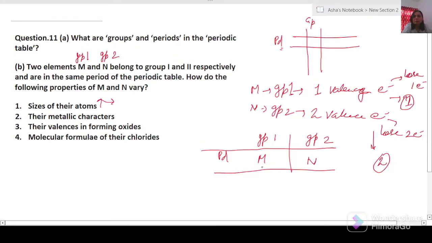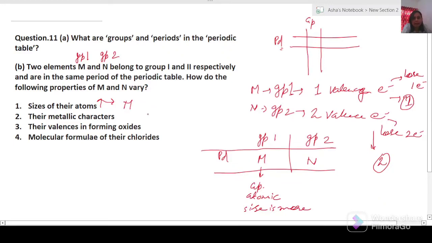M is coming first as compared to N. So obviously M will have greater atomic radius, or its atomic size is more, because when we go from left to right in a period, the atomic size always decreases. So M will have greater atomic size as compared to N.